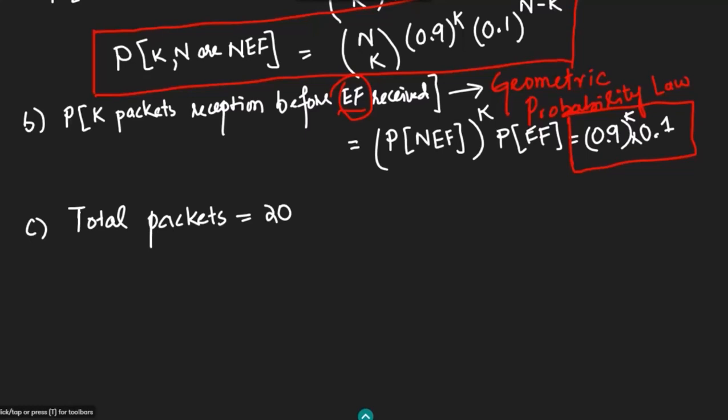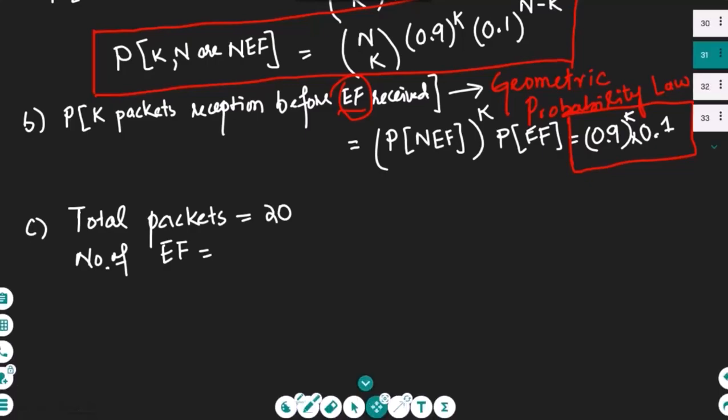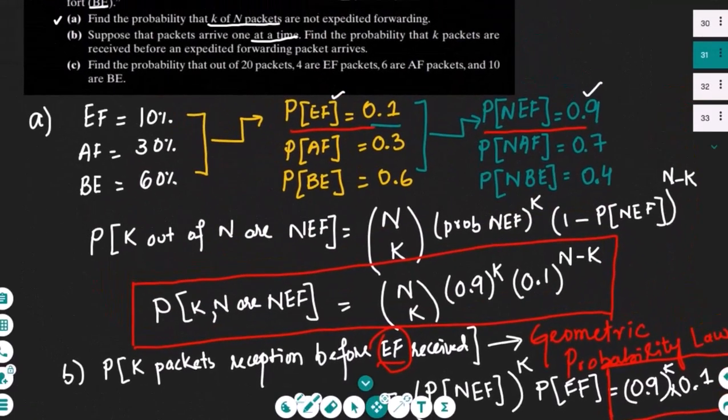Okay, so out of these packets, the number of expedited forwarding are how much? These are 4, expedited are 4, AF are 6, and 10 are BE.